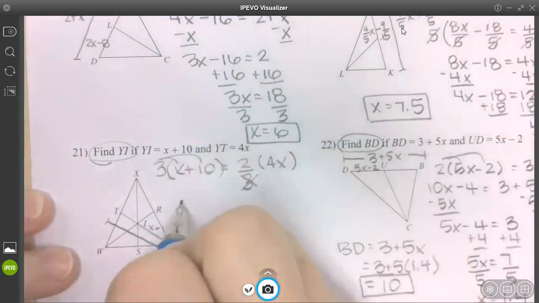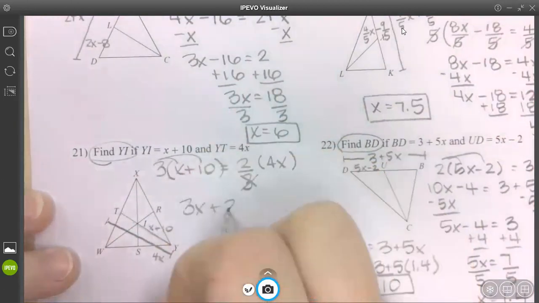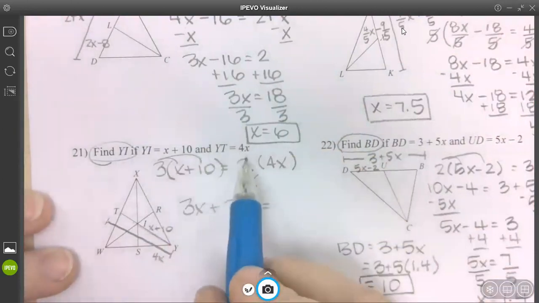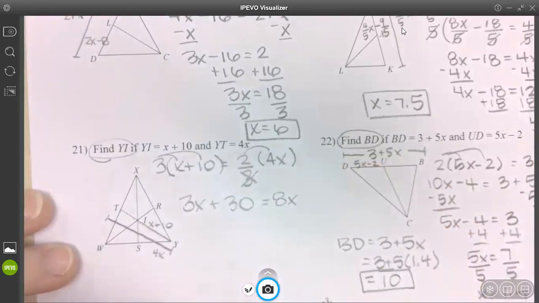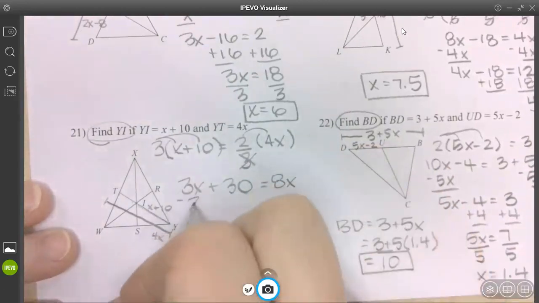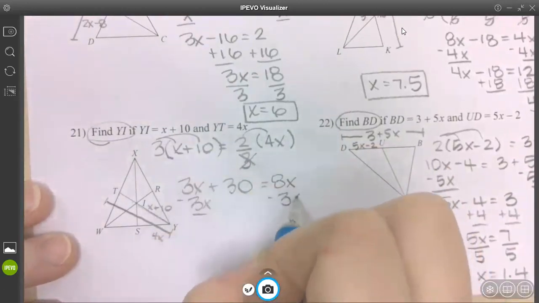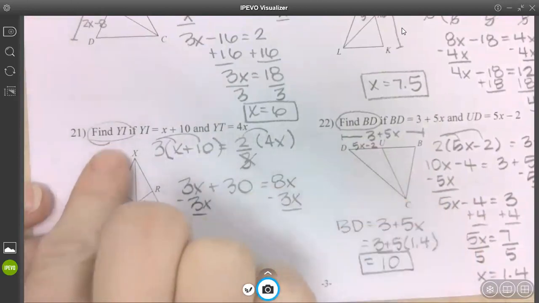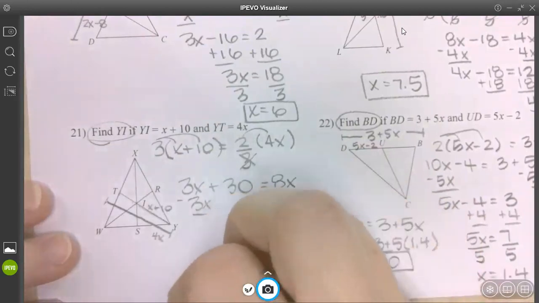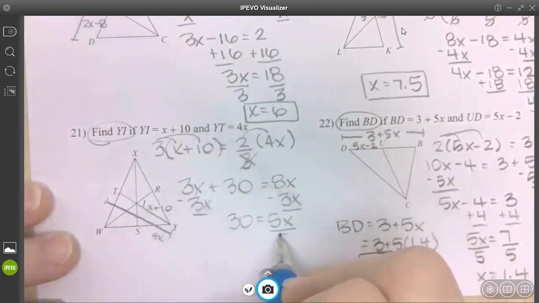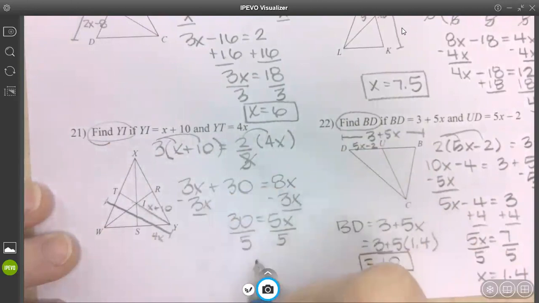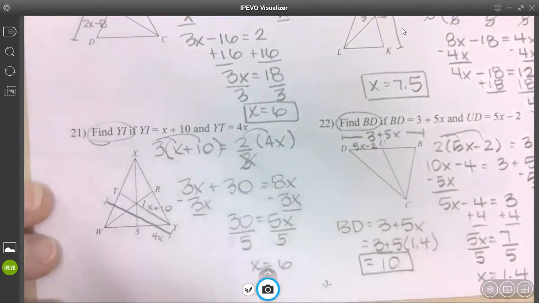Distribute, we get 3x plus 30, and then distribute your 2 equals 8x. We're going to solve for x, but remember that's not the last step because we have to find YI. So subtract 3x, I get 30 equals 5x. Divide by 5, and x equals 6.